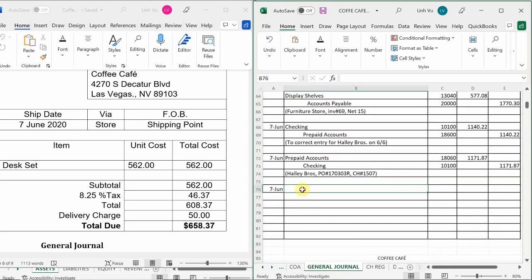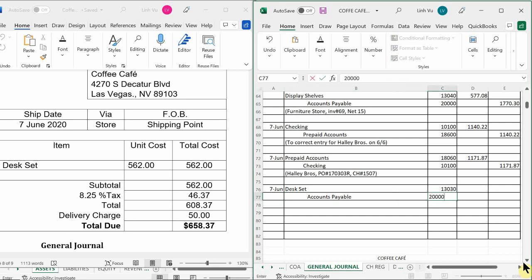So in this case, desk set is my account, 1330. And how did I pay for it? Did I pay for it now? It's on account, because I'm not going to pay now. I'm going to choose to pay later. I'm going to pay 15 days later.